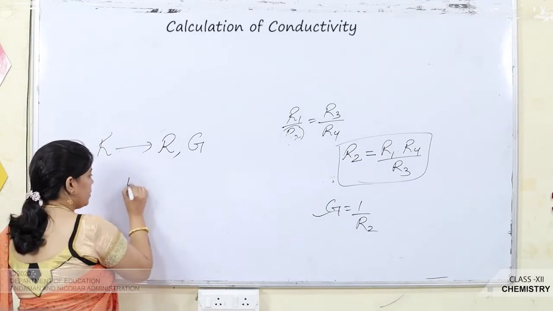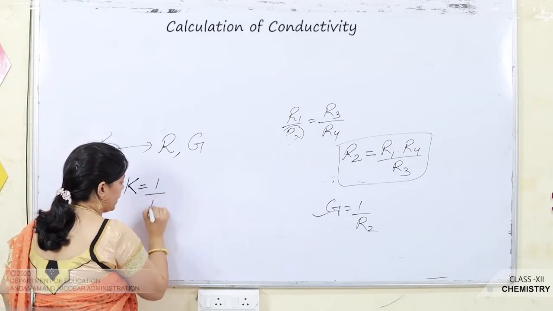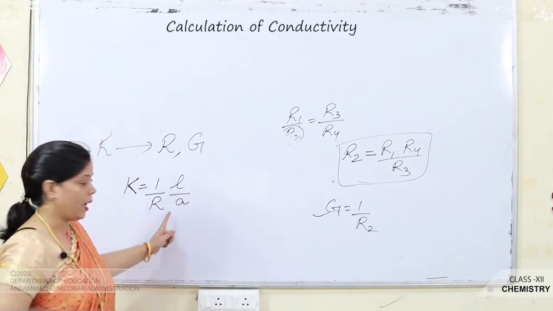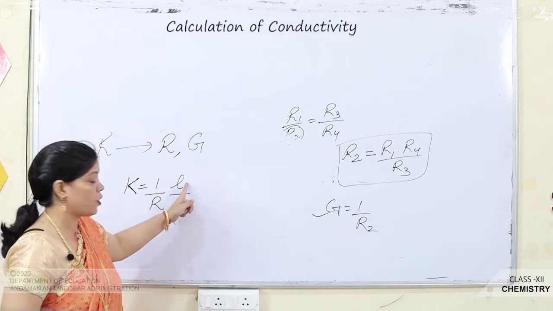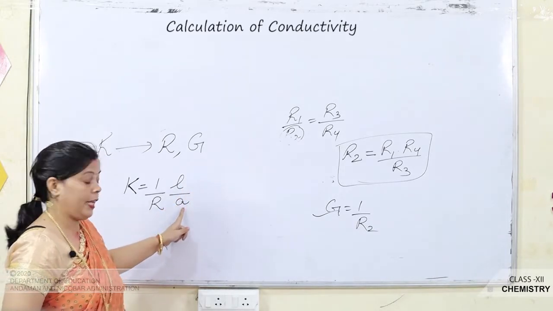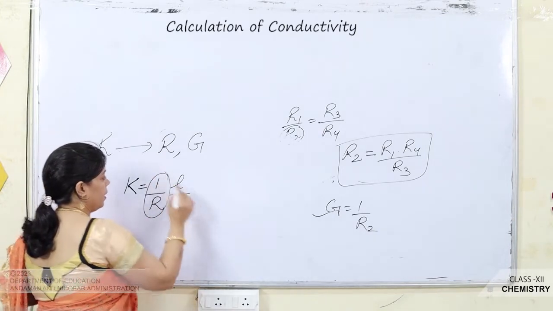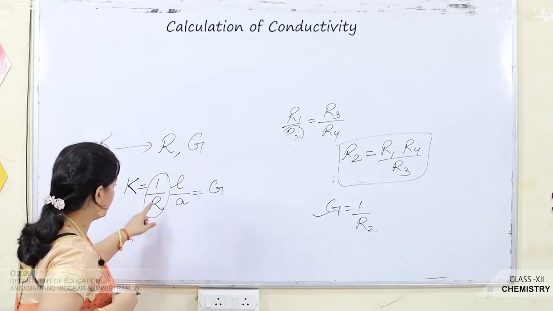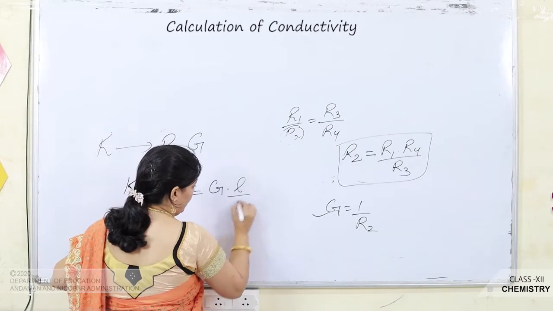The relation between the resistance and the conductivity is kappa equals 1 by R into L by A. Here L is the distance of separation between the electrodes, A is the area of cross section, and 1 by R is equal to G, that is the conductance. The conductance is the inverse of the resistance, so kappa is equal to G into L by A.